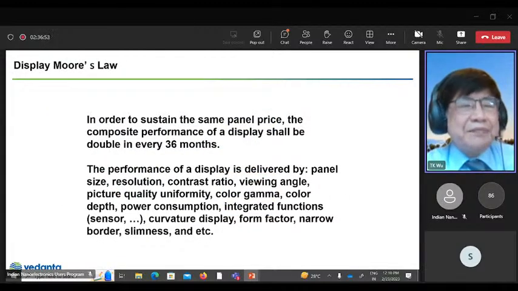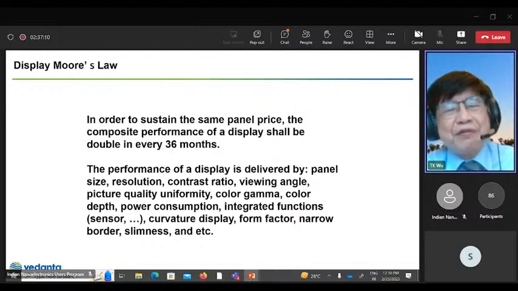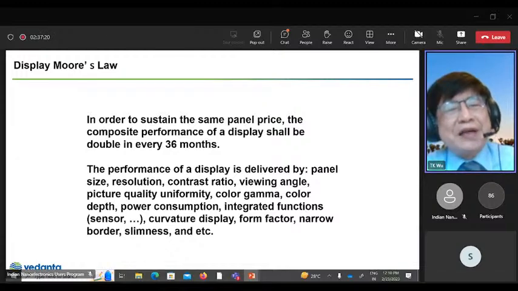Okay, I think everybody is talking about Moore's law. Of course, Moore's law was proposed in semiconductors, and people are worried because now we have the 4 nanometer process already in mass production, and 2 nanometer and 3 nanometer are under development.